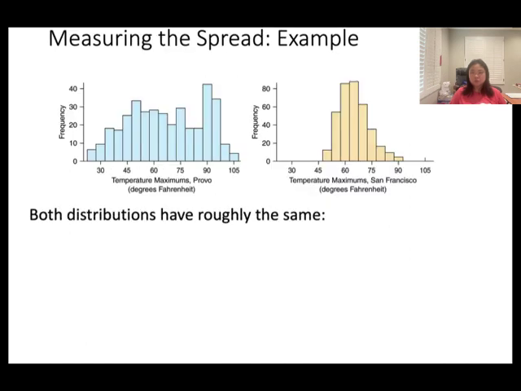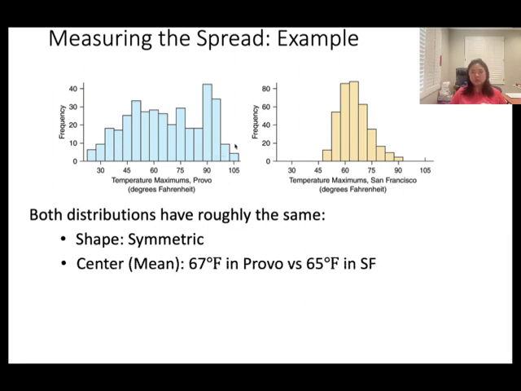Both distributions are roughly symmetric. This one not really, it's the symmetric one, right? But they say it's about symmetric. Second one, the center. The mean is 67 Fahrenheit in Provo. So 67 is somewhere like here. That would be the center. And 65 Fahrenheit in San Francisco.